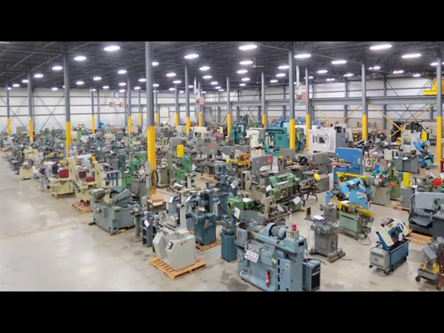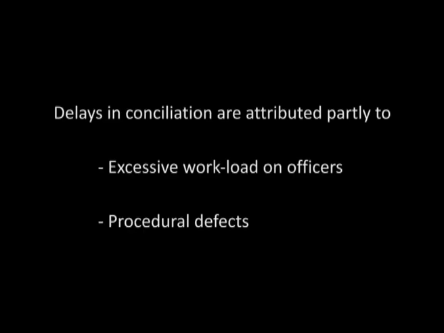The performance of conciliation machinery, though it does not appear to be unsatisfactory, causes delays due to the casual attitude of the parties towards conciliation, defective processes in the selection of personnel, and unsatisfactory pre-job training, and attributed partly to the excessive workload on officers and partly to procedural defects.